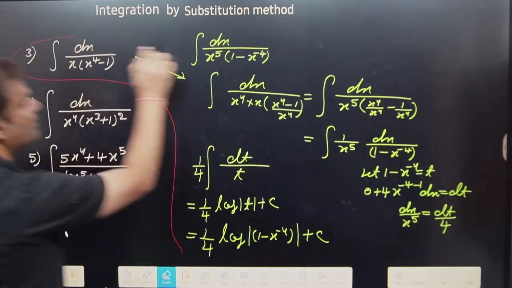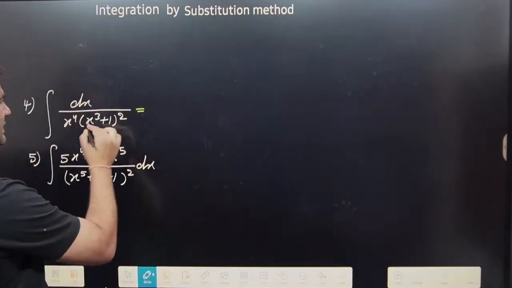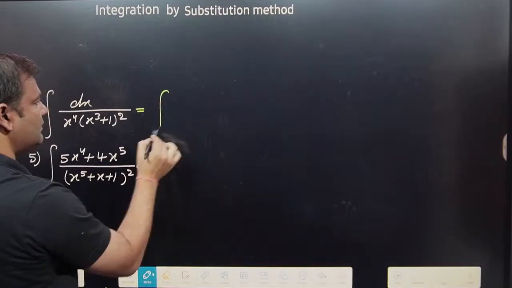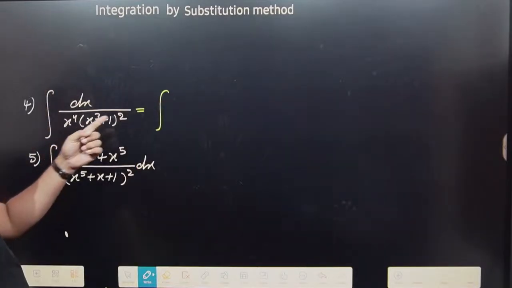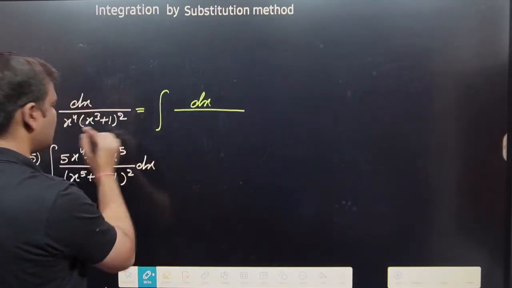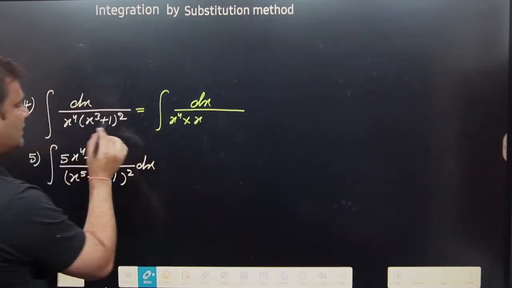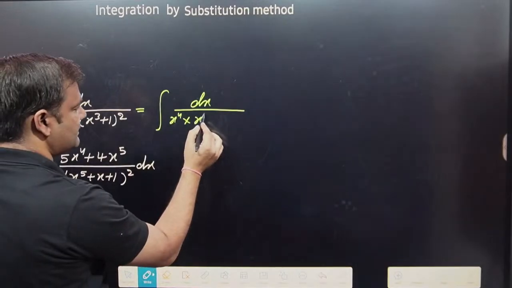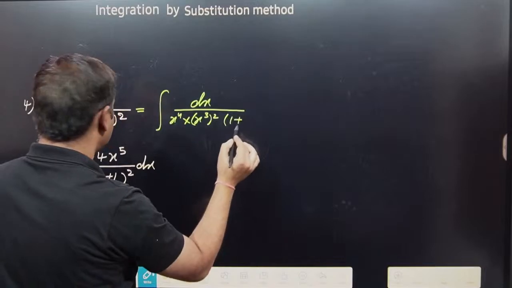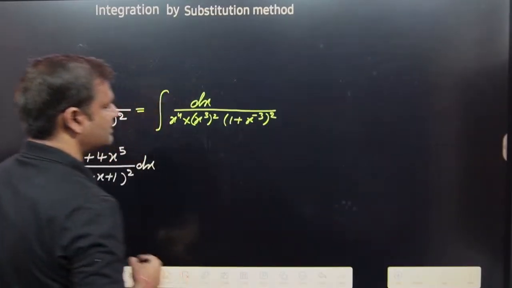Now let us look at another part. We have to focus on that part. The highest power here: x cube to the whole square, that is x to power 6. So basically dx divided by x to power 4 into, if 3 to power 2 is common, then (1 plus x to power minus 3) to the whole square.